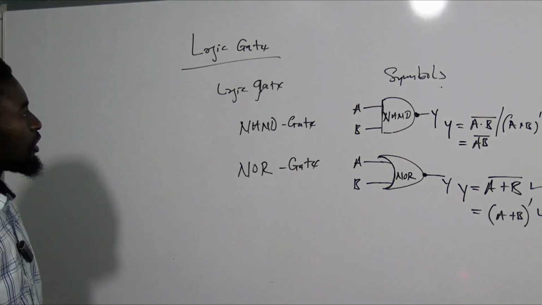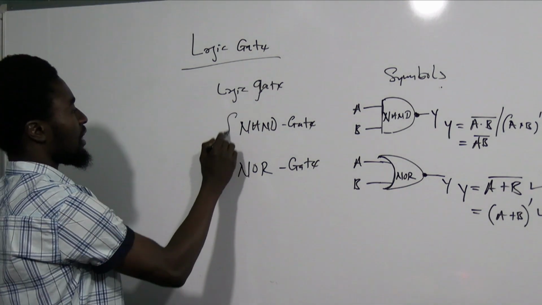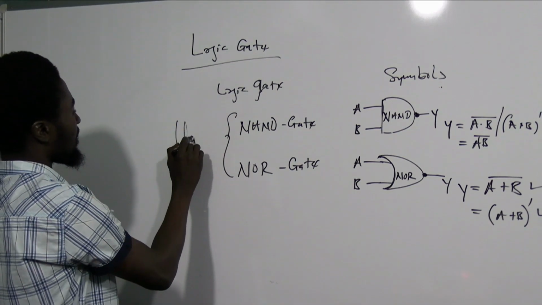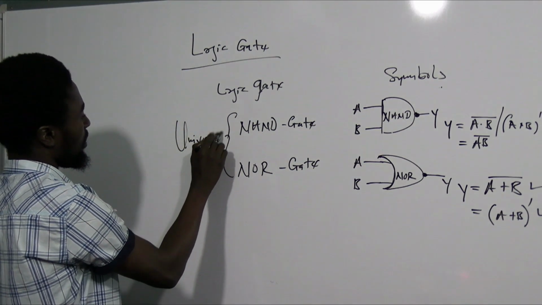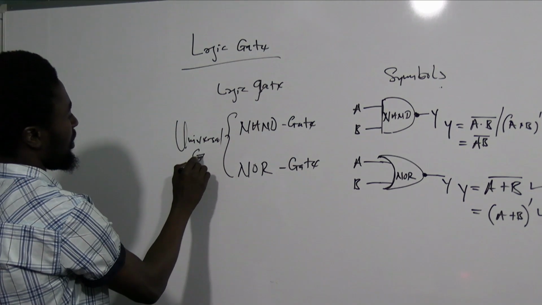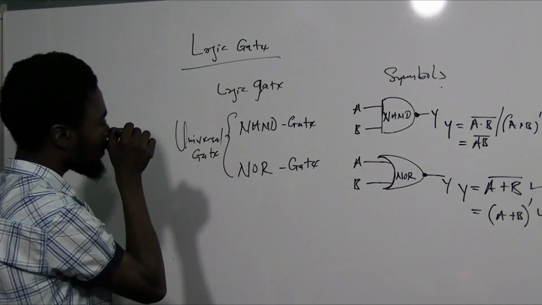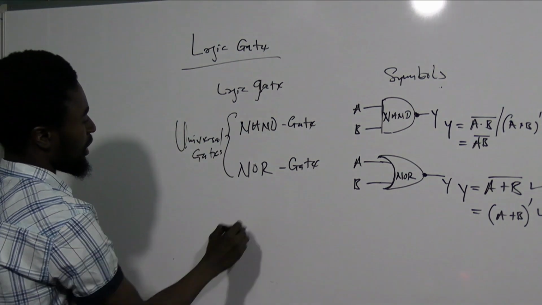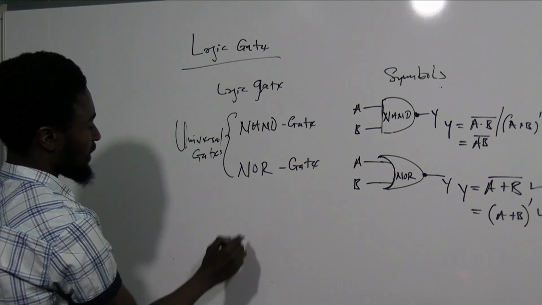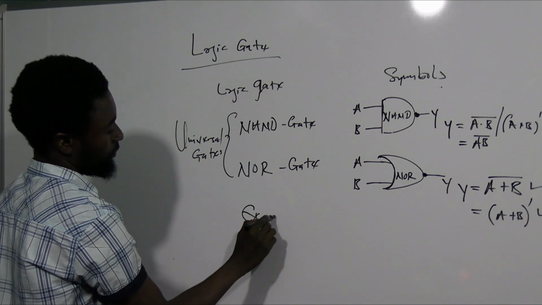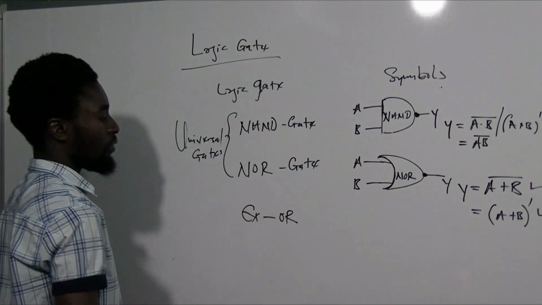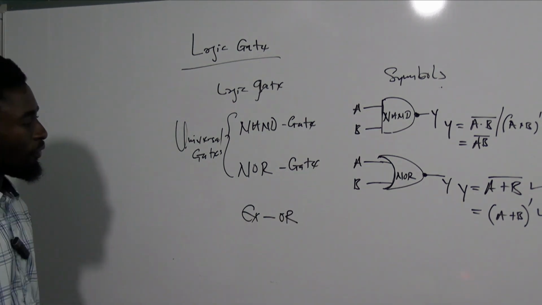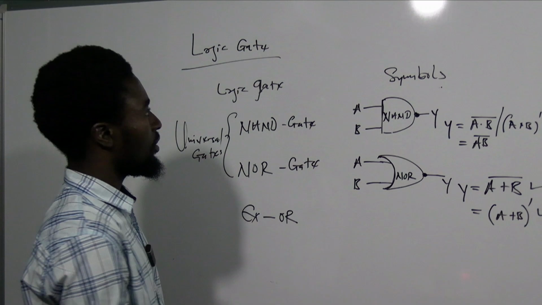So these are considered to be universal gates. So let's look at the other gate. The other gate is exclusive OR. Of course, we already know our OR gate.